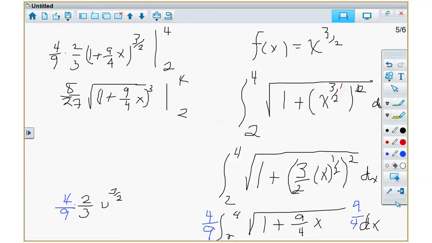And the 4 is going to cancel. That leaves you with 1 plus 9, which is 10. 10 to the third power is 1,000, or the square root of 1,000 times 8/27ths. Y'all check me on that. That would be 8 over 27. Was it the first one at 4? Is that the square root of 1,000? Y'all check me?